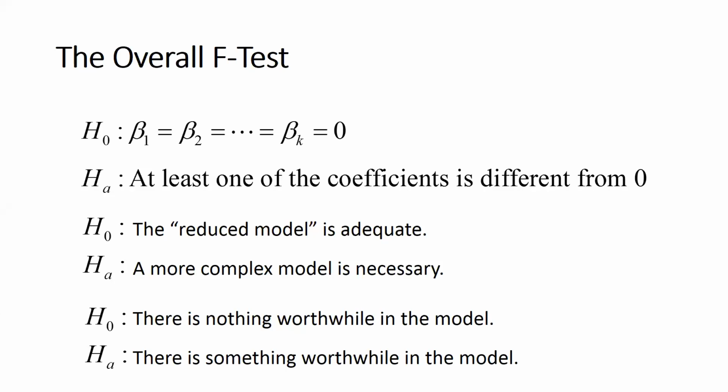And then a more informal way to say it is the null hypothesis is that there's nothing worthwhile in the model. If you're in the business of predicting body fat percentage, there's nothing to see here, there's nothing worth using. And the alternative is that there is something worthwhile, and that would be reflected in having a coefficient that is different from 0. Or in this case, the alternative hypothesis is that at least one coefficient is different from 0.